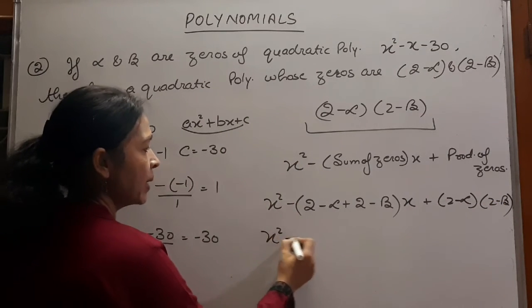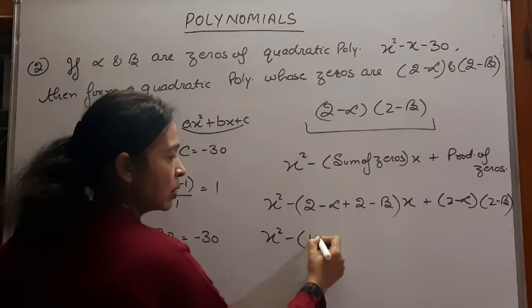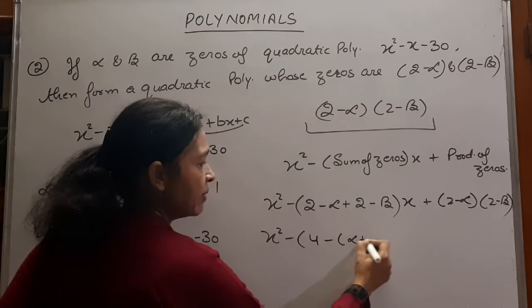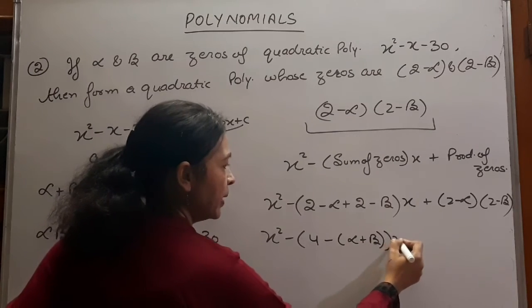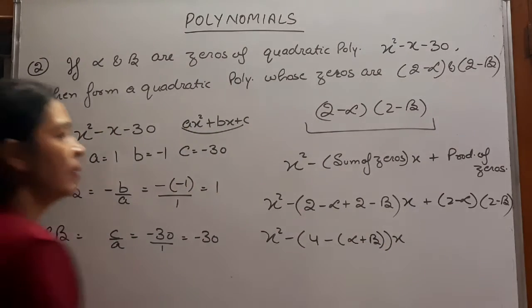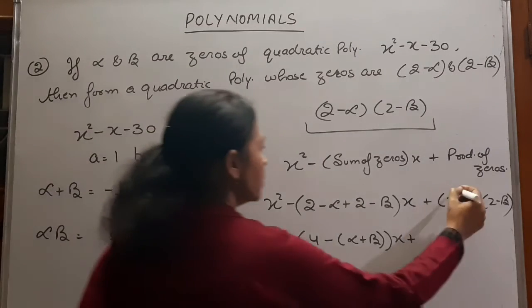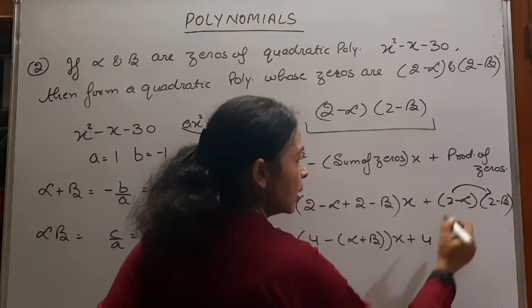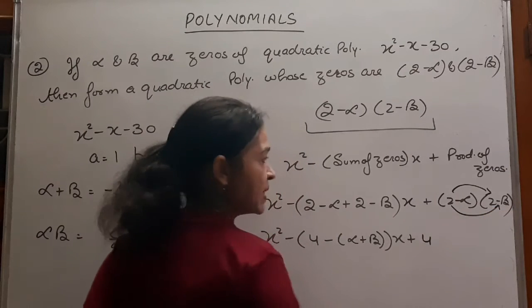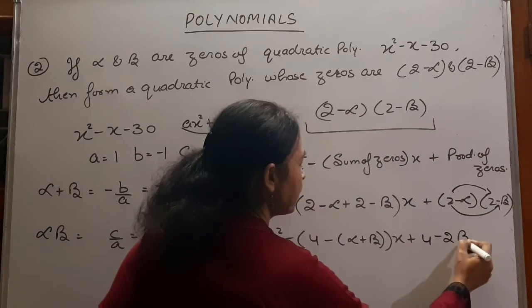We get x² minus 2 plus 2, 4. Minus common, inside we have alpha plus beta, into x plus 2 minus alpha into 2 minus beta. 2 into 2, 4. 2 into minus beta, minus 2 beta.